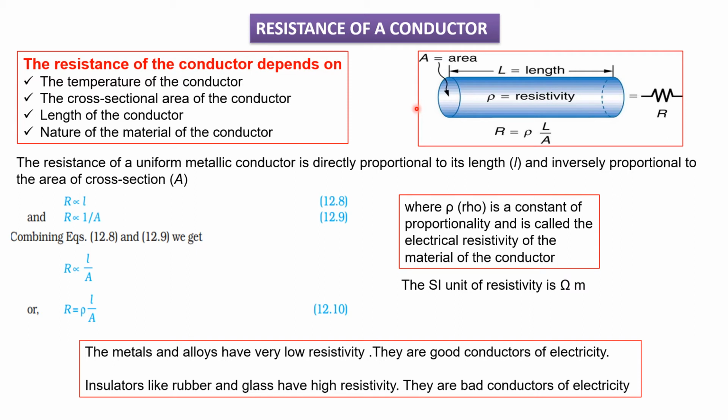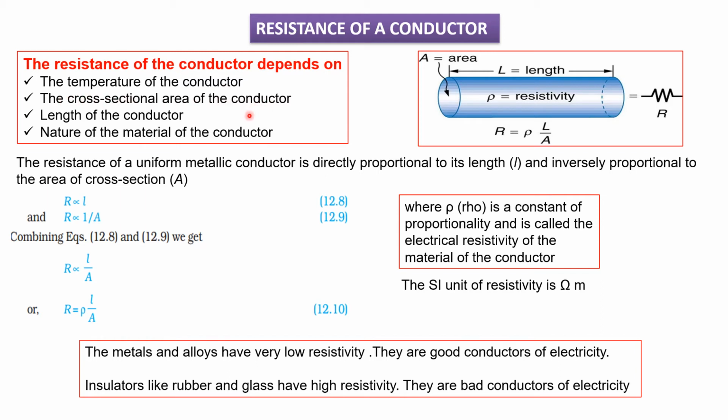That means in good conductors, the electrons will flow very easily, and for bad conductors, the electrons don't flow easily because there the resistance will be very high.